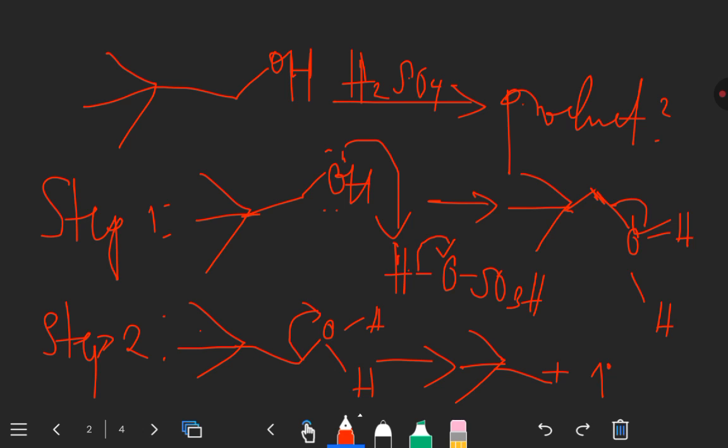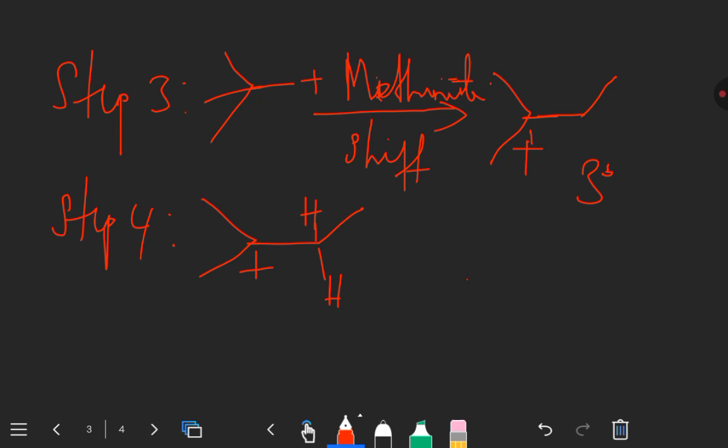The base was this one, OSO3H. So we can use this base to deprotonate that hydrogen. It has a negative charge there.